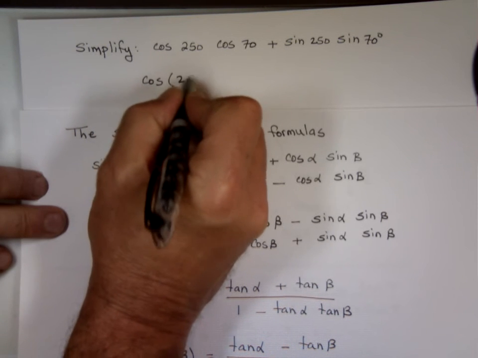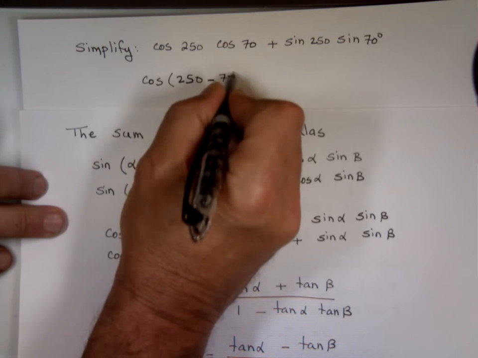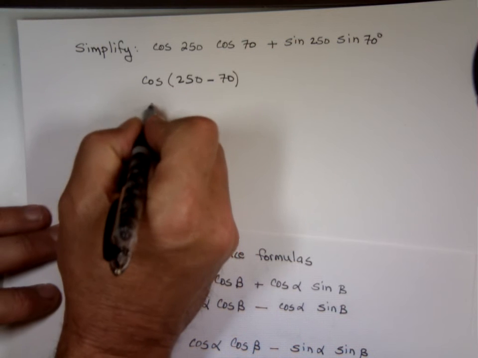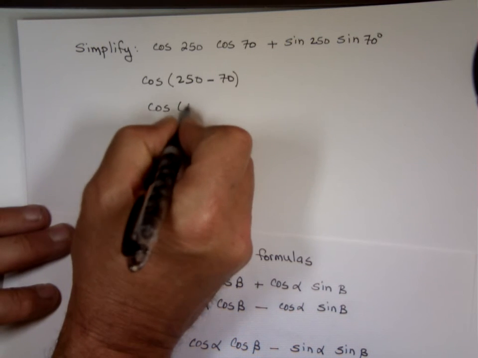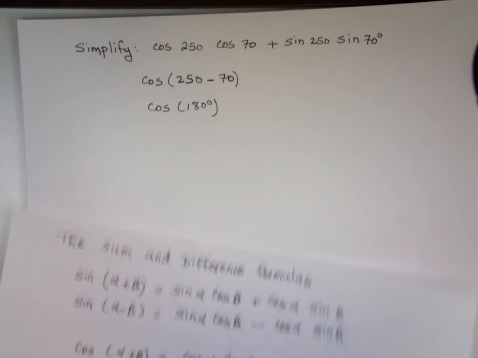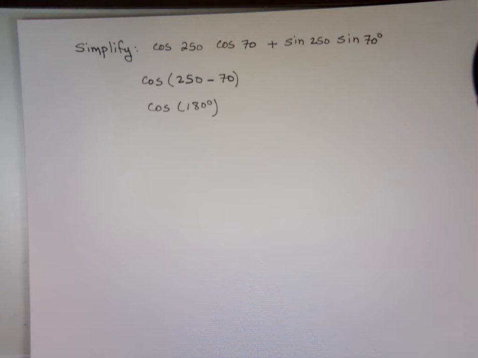So that should be cosine 250 minus 70. What's 250 minus 70? Cosine 180 degrees. You're not done with it. Grab your unit circle. Where'd you go, unit circle? Is that negative 1? Yeah.